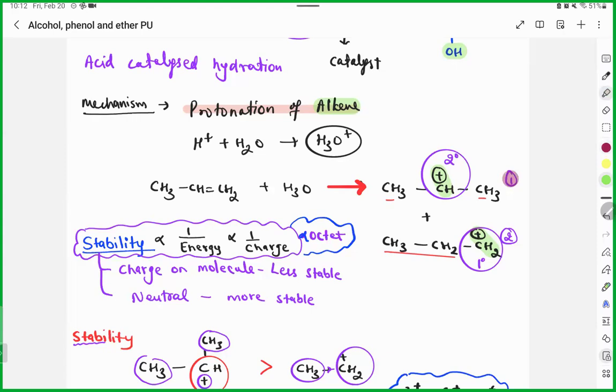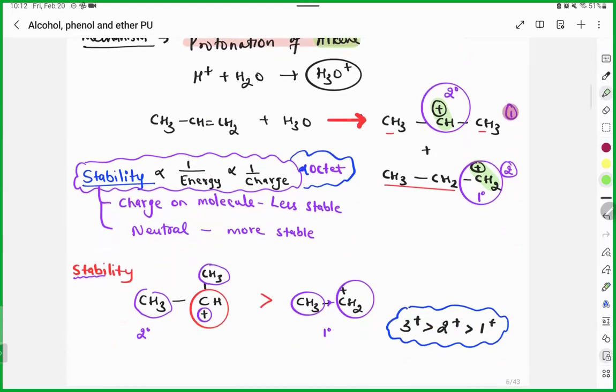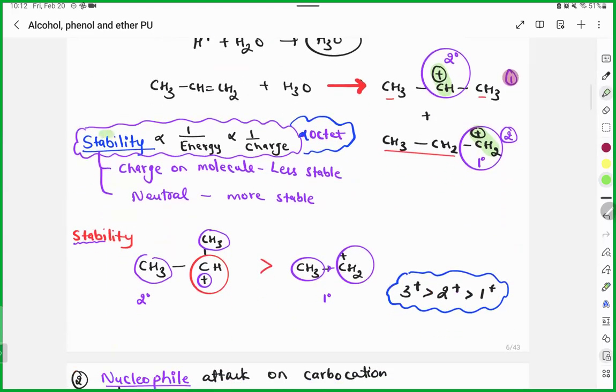And from the resonance topic, you know the rule of stability. If you want to check stability, you can check energy. Stability is inversely proportional to the energy. More energy, less stability. Same, inversely proportional to charge. More charge, less stability. Octet.